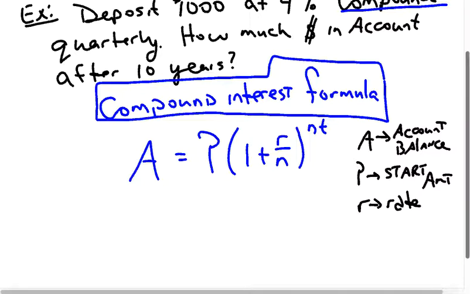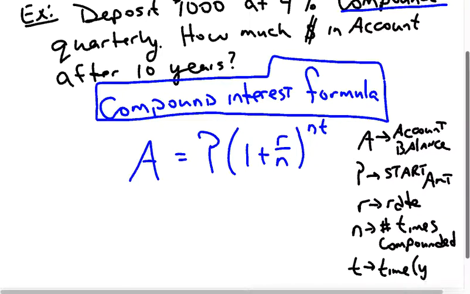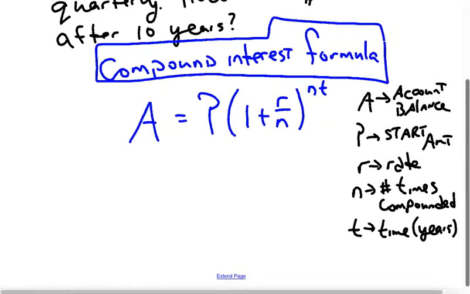So in this case, 4% would be 0.04. N is the number of times we compound the money. And T is time measured in years. Okay, so that's what we have.